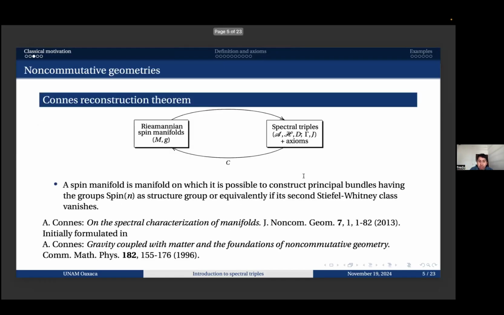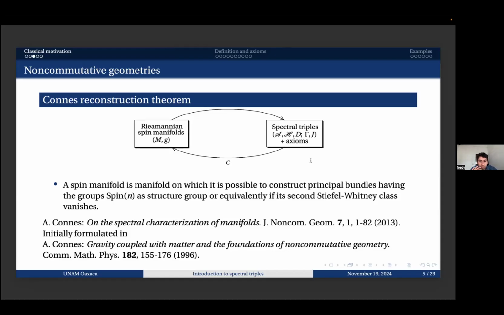For example, Riemannian manifolds. What are the dual objects corresponding to Riemannian manifolds? In this talk, we will focus only on Riemannian spin manifolds.